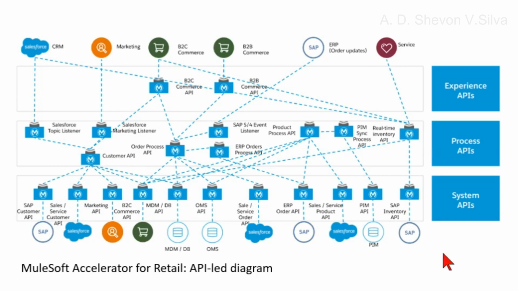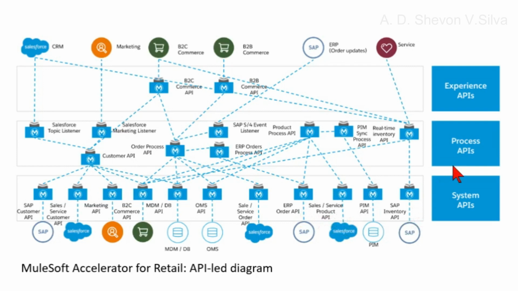Here you can see System API. Under System API you can see SAP Custom API, Sales Service Custom API, Marketing API, B2C Commerce API, MDM DB API, OMS API, Sales Service Order API, IRP Order API, Sales Service Product API, PIM API, SAP Inventory API.